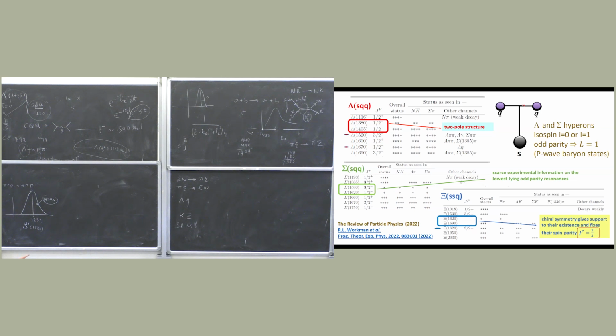You have 1/2 coupled to 1/2, giving 0 and 1. So in principle, what I am going to show you is that I am going to study reactions involving coupled channel dynamics of these 4 final states. Okay?